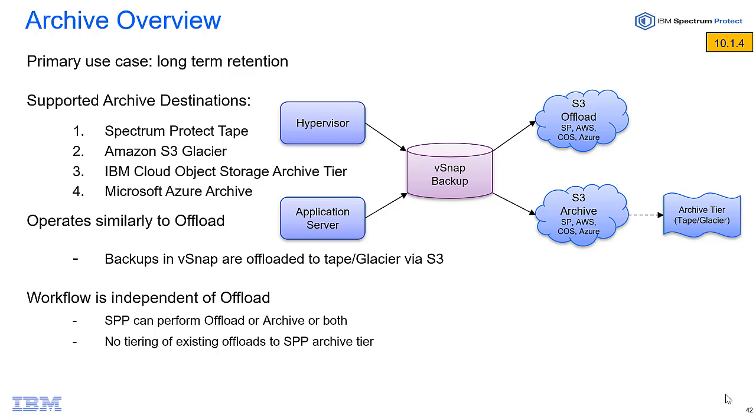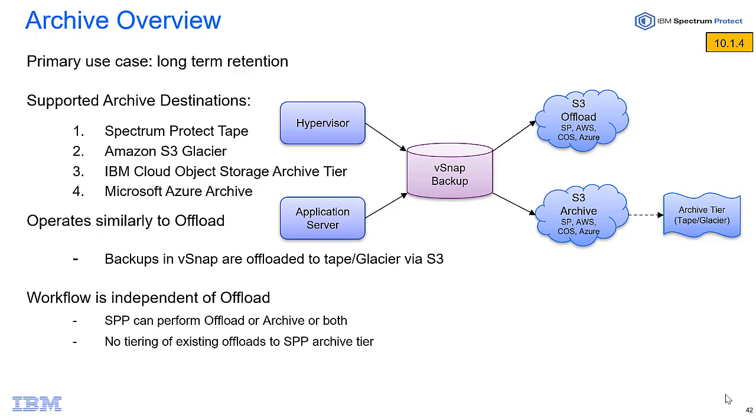For those of you who've used Spectrum Protect Plus version 10.1.3, you'll remember we introduced Offload from the Spectrum Protect Plus server. And offload is a term that Spectrum Protect Plus uses for long-term retention of data. So basically it takes a copy of the data from the vSnap repository and moves it to either Spectrum Protect or some object storage in one of the cloud providers, AWS, COS, or Azure.